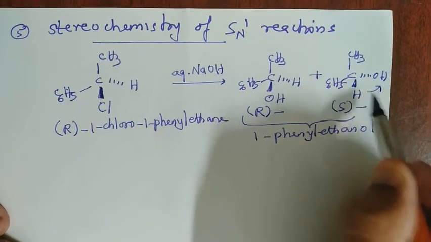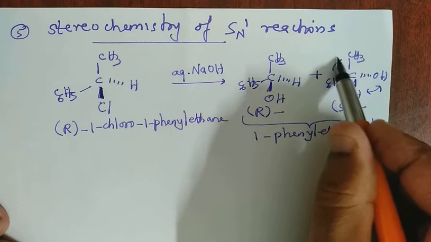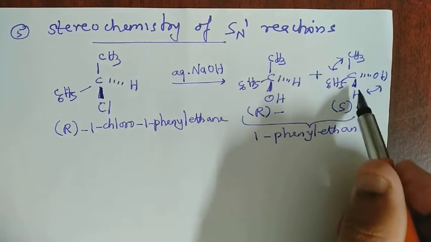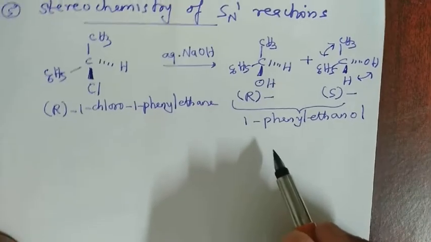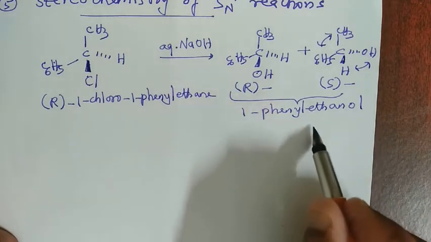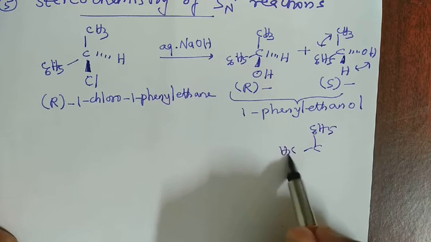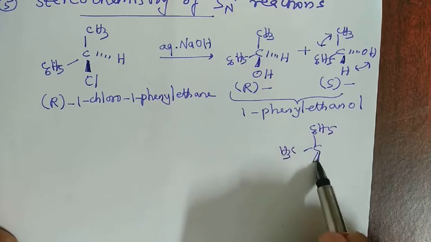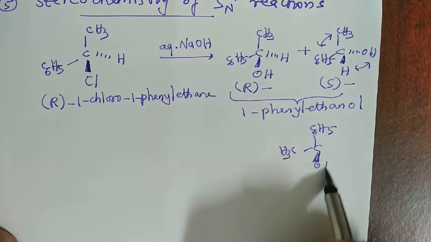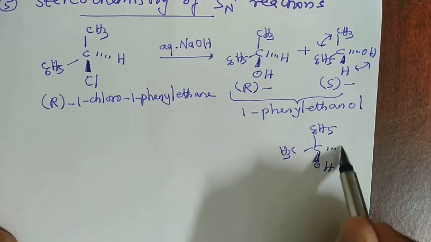In order to find the configuration of the second product, carry out mutual interchanges between the phenyl and methyl groups and between the hydrogen and OH group.